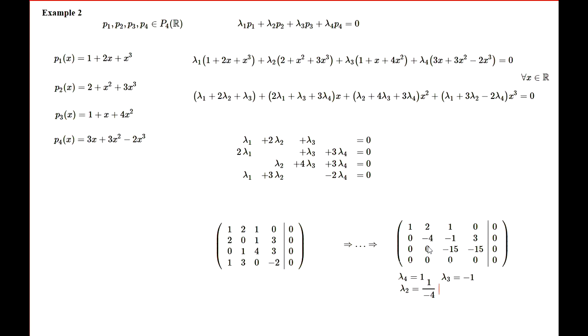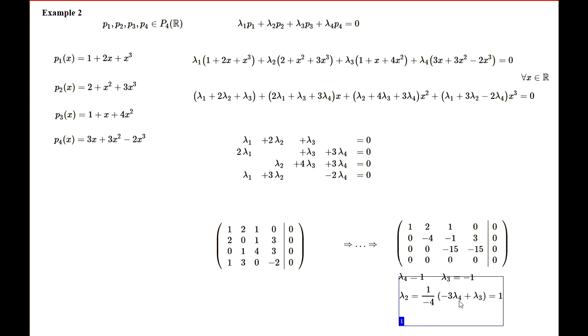So my lambda 2 will be, again, from the second row, that will solve into -4. That's a cancellation of this -4, and then inside that will give me -3 lambda 4 plus lambda 3, for which I know the values of those two. The values are -1 for lambda 3, and so it will be -4. The result will be 1.